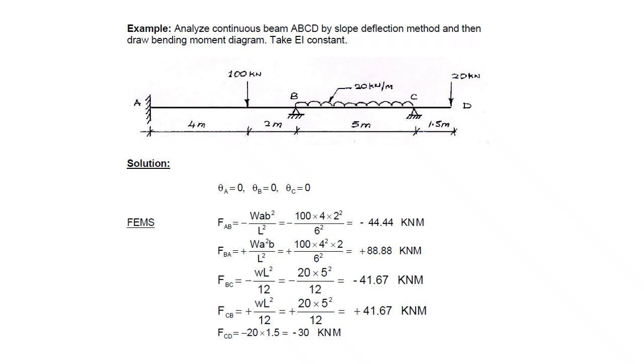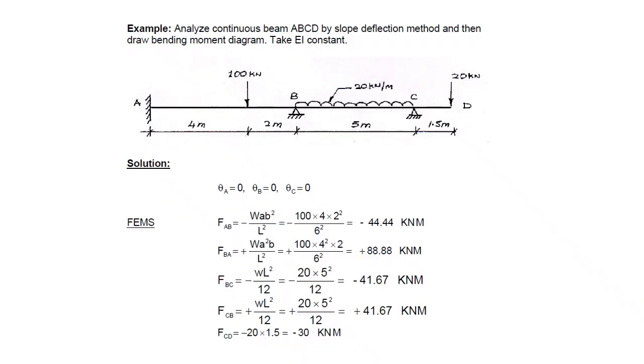So FAB equals minus W a b squared by L squared, minus 100 times a is 4 meter, b is 2 meter squared, by L squared, 6 squared, which is minus 44.44 kilonewton meter. FBA is plus W a squared b by L squared, 100 kilonewton load, a squared is 4 squared and b is 2 meter, by 6 squared. So this is 88.89 kilonewton meter.